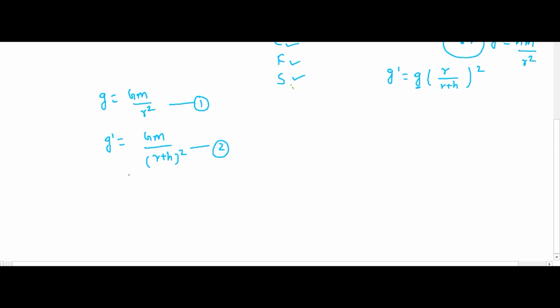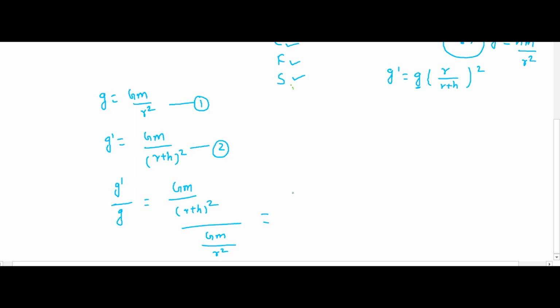Now dividing the second equation by the first, g dash by g equals GM by (r plus h) whole square divided by GM by r square.